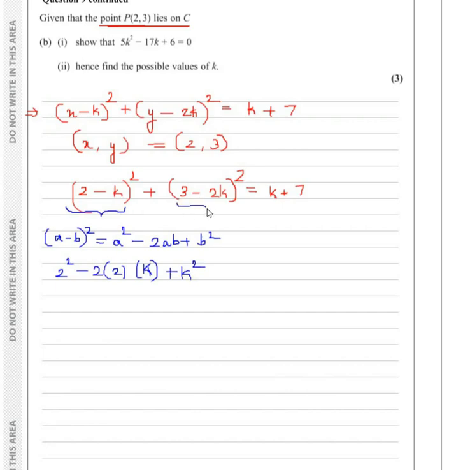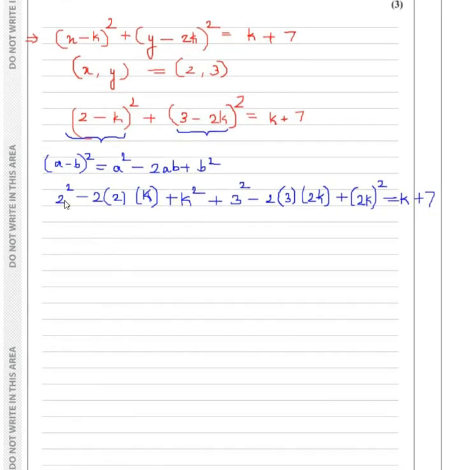Same goes with the second one because you can see it is of the same formula, (a minus b) the whole squared. We write it as plus 3 squared minus 2 times 3 times 2k plus (2k) squared is equal to k plus 7.